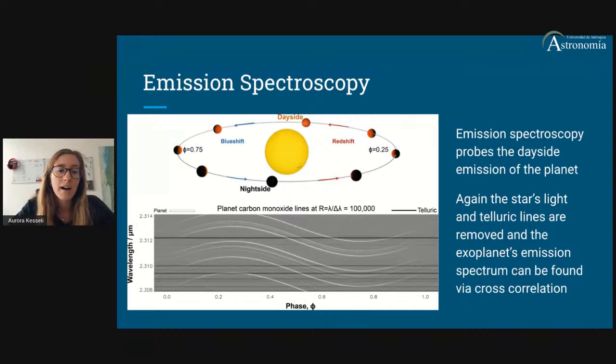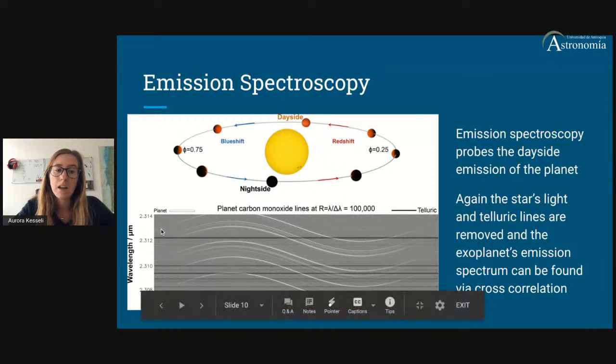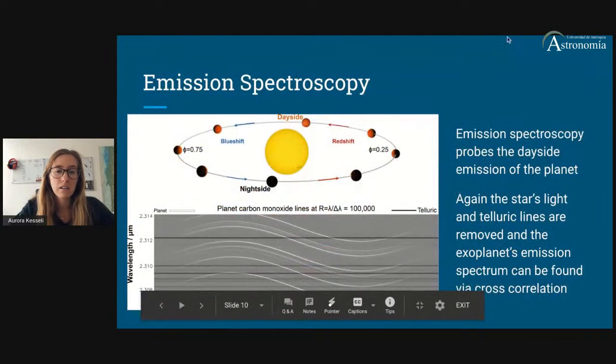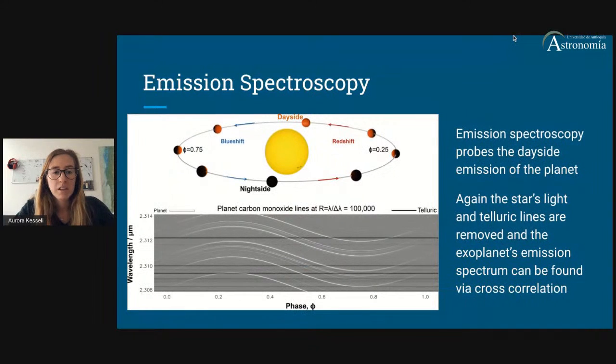If we're just looking at the emission, the lines will go away at the night side, because the planet is not bright at the night side. Before, we were looking at a region just right around phase 0. You can see my phases go from minus 0.06 to 0.8, whereas here we were only looking right around a phase of 0.0.